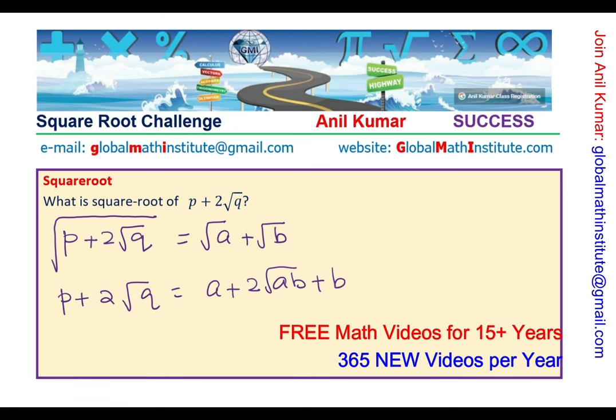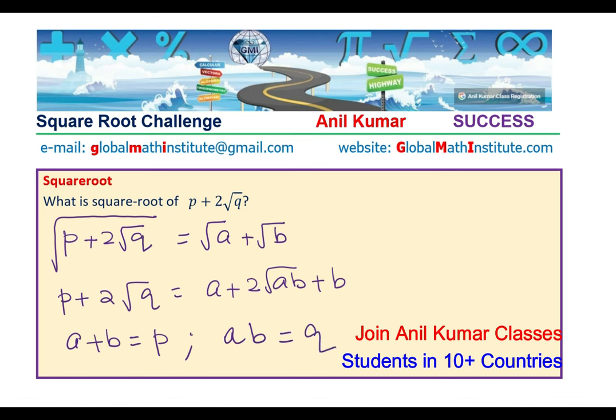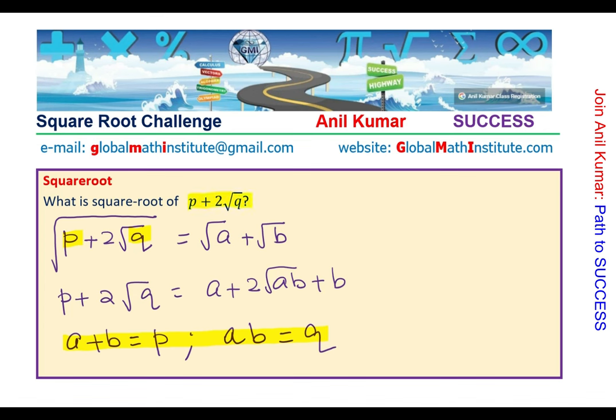So basically you get two equations. One is a plus b equals p, and the other one is that q equals ab, right? So basically we are solving these equations to get the square root of p plus 2 square root q. So I hope that makes sense, right? That actually helps you to solve many equations.